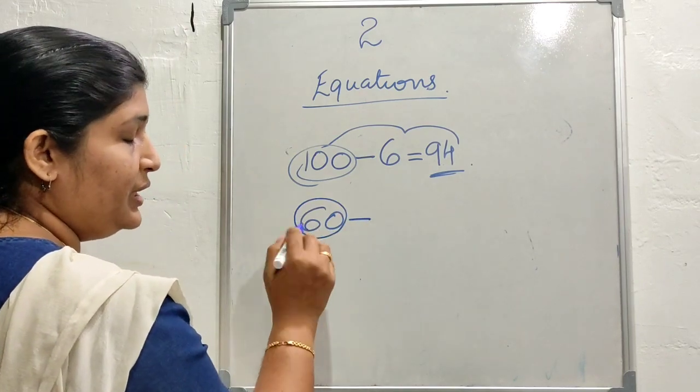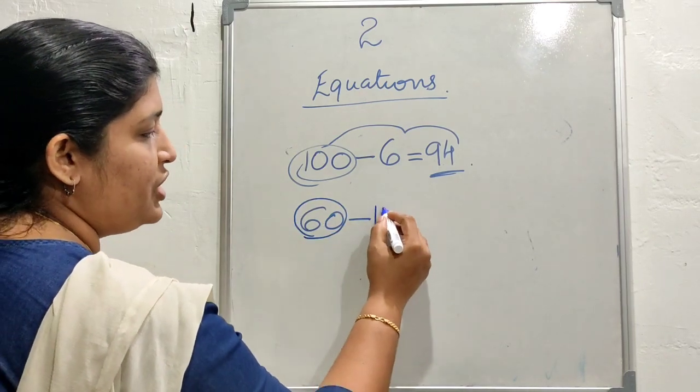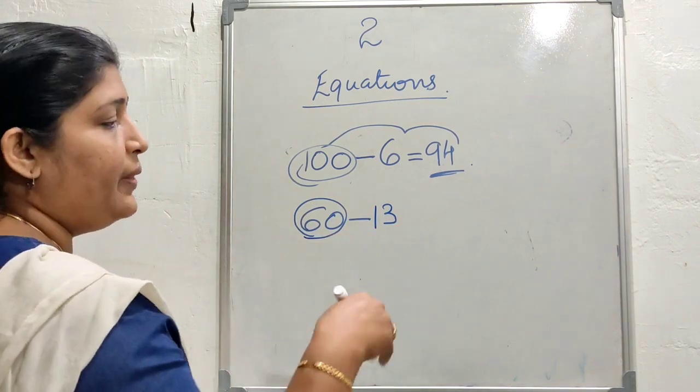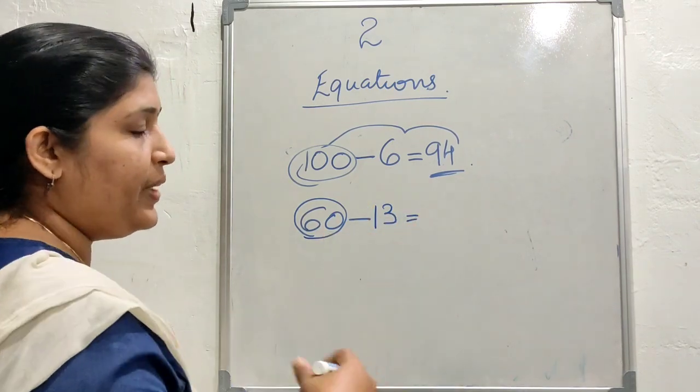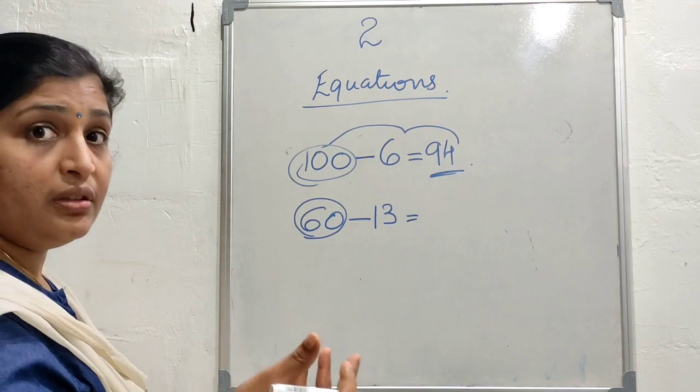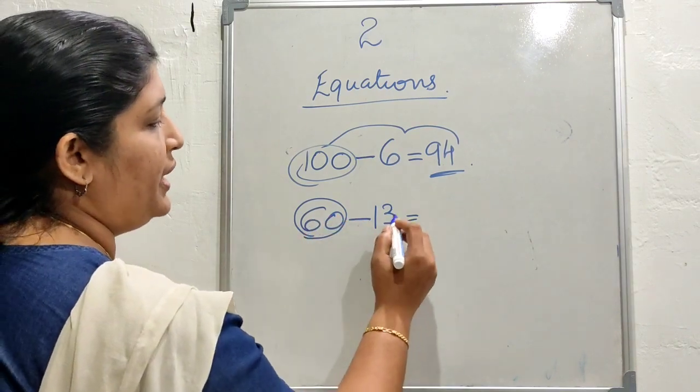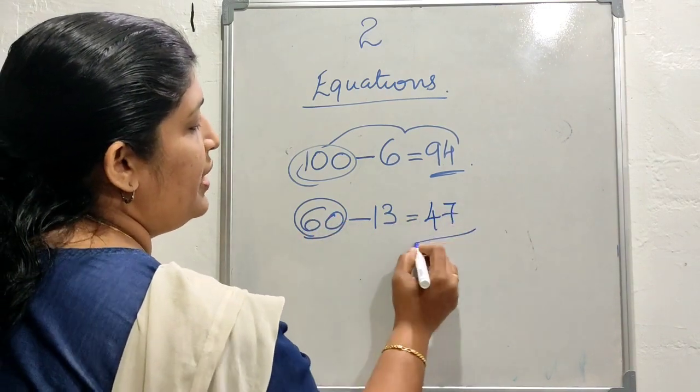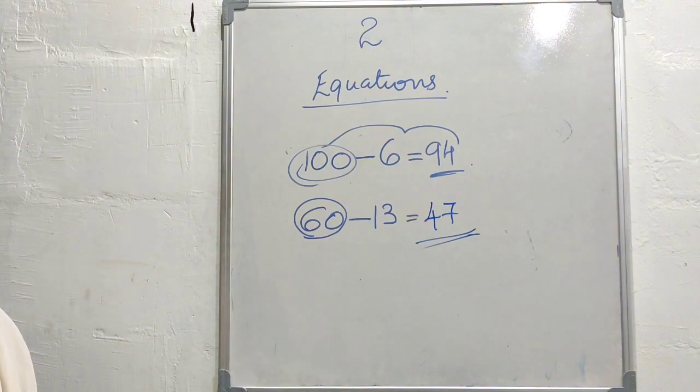Mother gave 60 rupees, and she gave back 13 rupees. Then how much money did she spend for buying books? Yes, 60 minus 13, that is equal to 47 rupees.